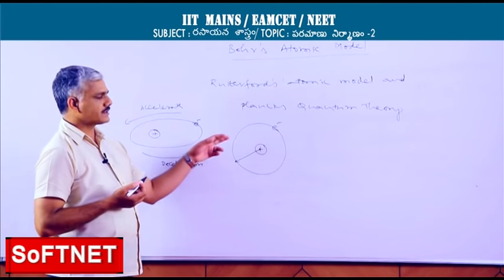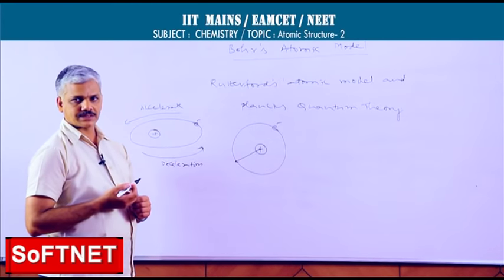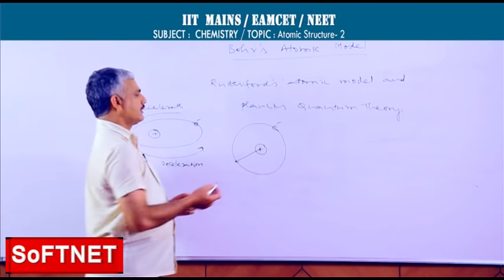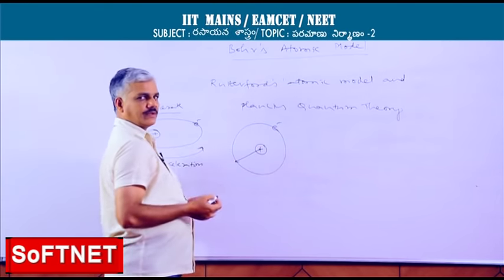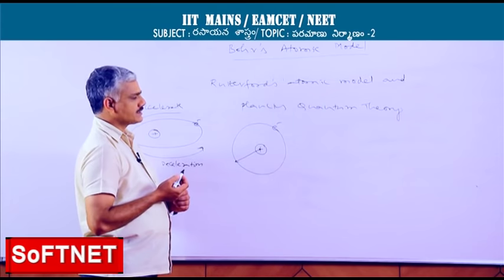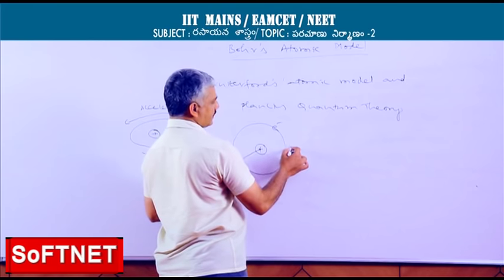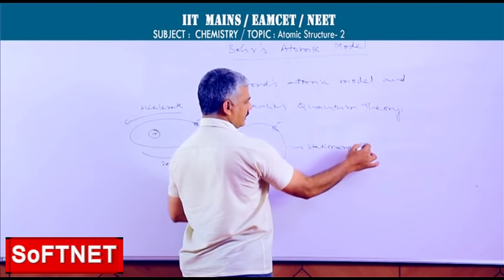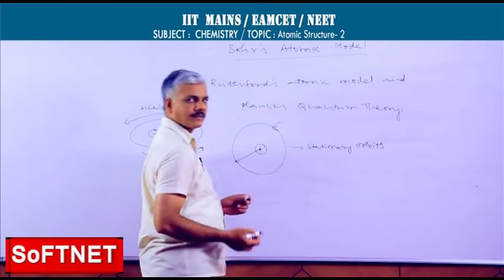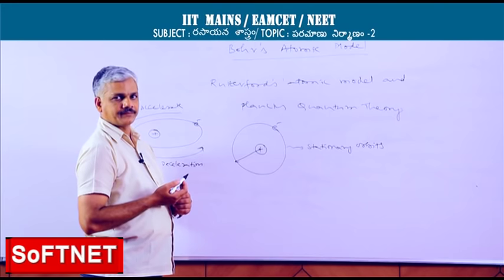Therefore, loss of energy of the electron will be minimized. So that is why Bohr says whenever an electron is moving in an orbit, its energy remains constant. That's why these orbits are also called stationary orbits.